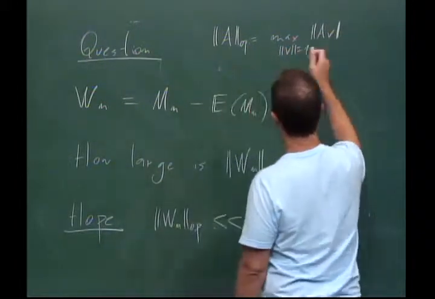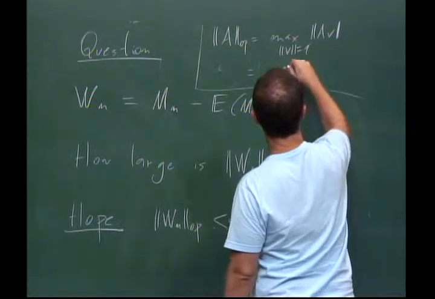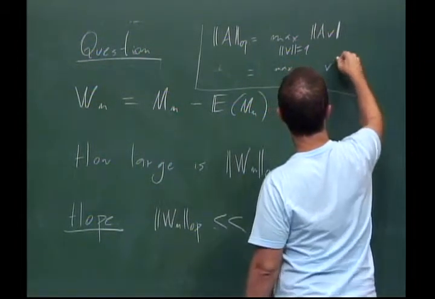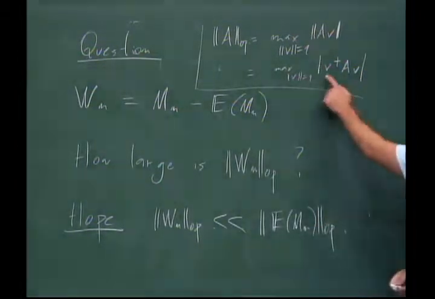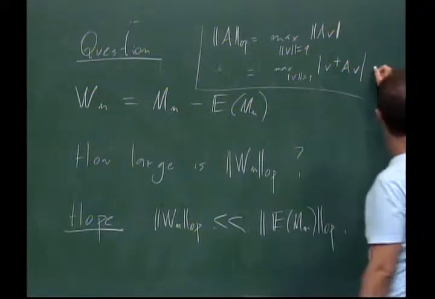And if the matrix is symmetric, it can actually do this. This is just the inner product of V and A times V for symmetric A.